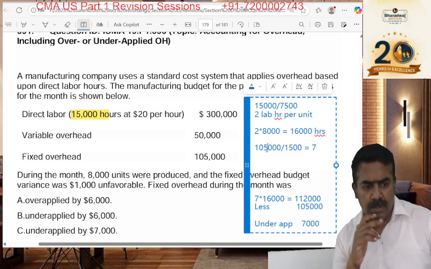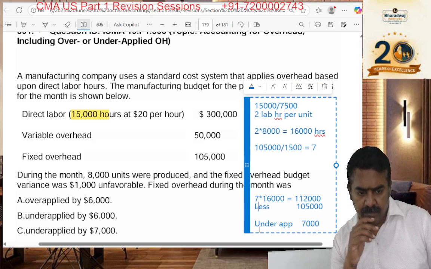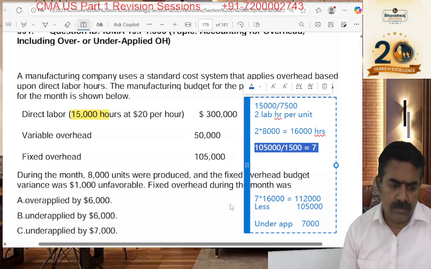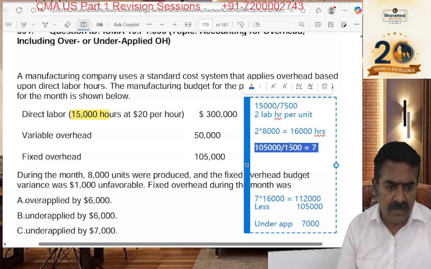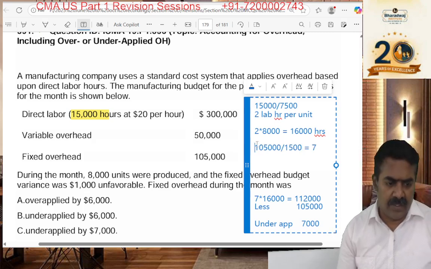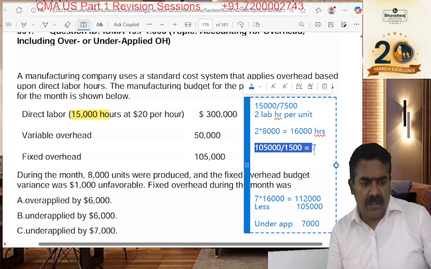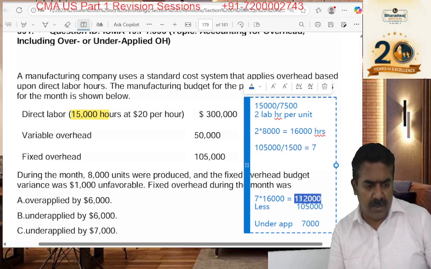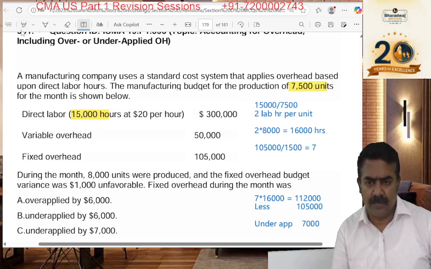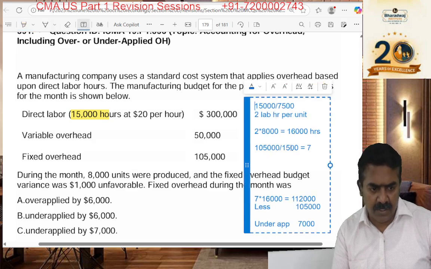Oh, okay, that way also you can do. The short method: 1,05,000 divided by 15,000 into 16,000 will give us 1,12,000, minus 1,05,000, under applied by 7,000. 15,000 hours.